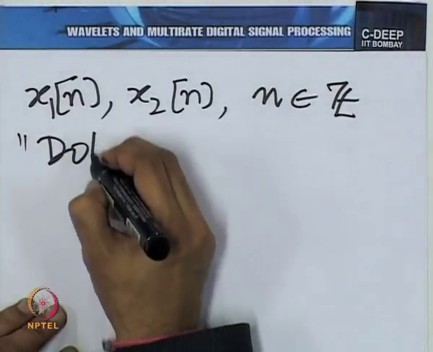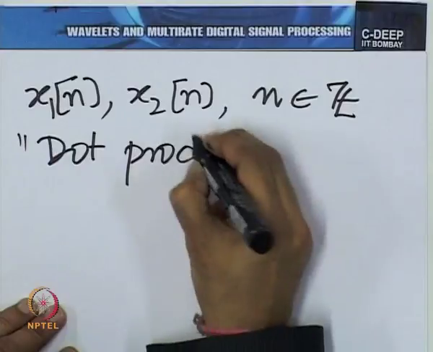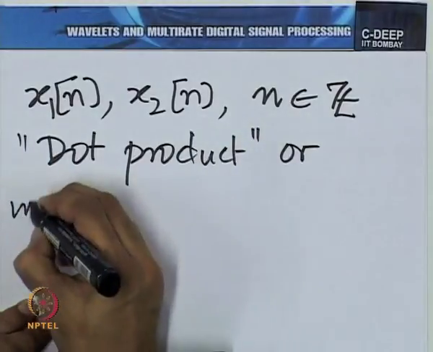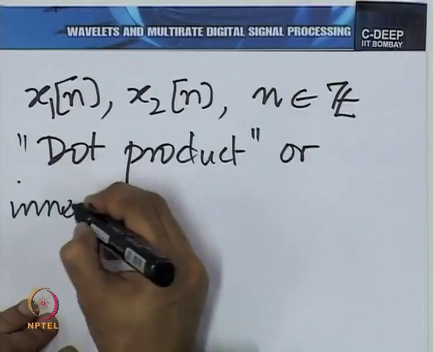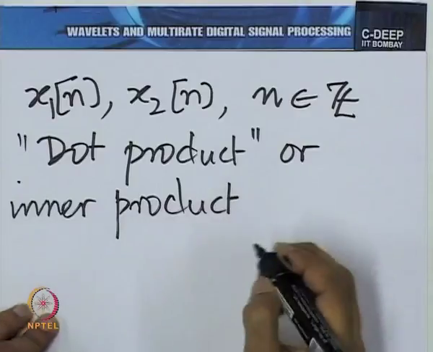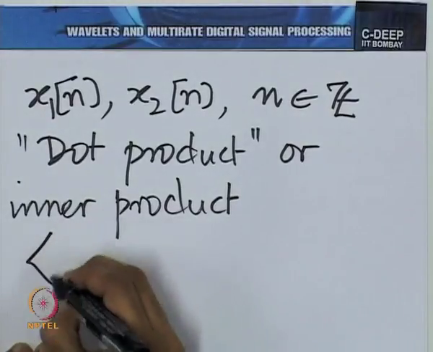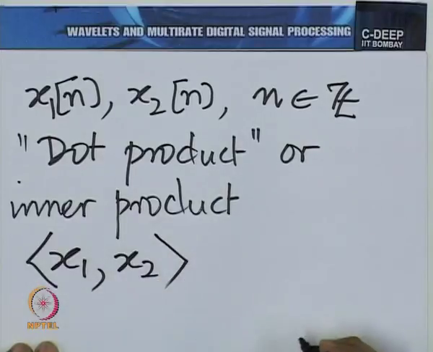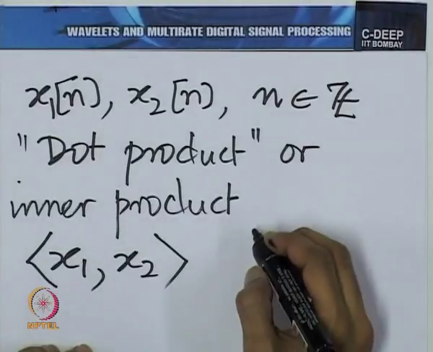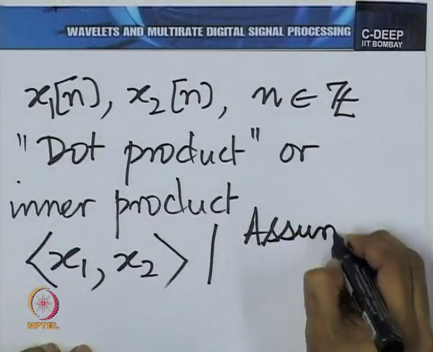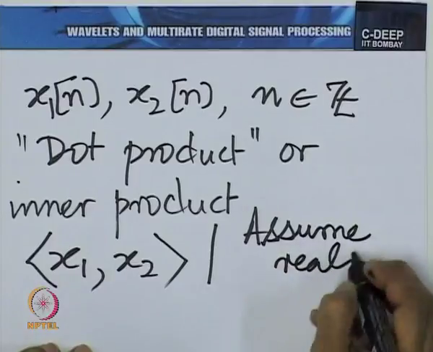Their so called dot product or inner product, as the formal name is. So, you see instead of dot product now, we would like to use the term inner product to generalize, and we denote the inner product this way. For the moment, let us assume these are real sequences.